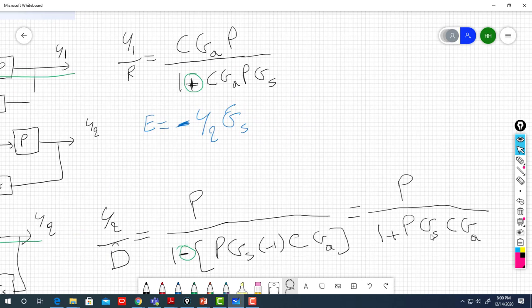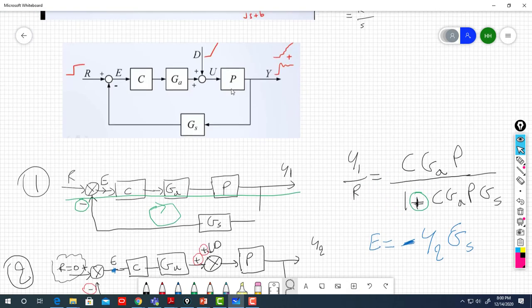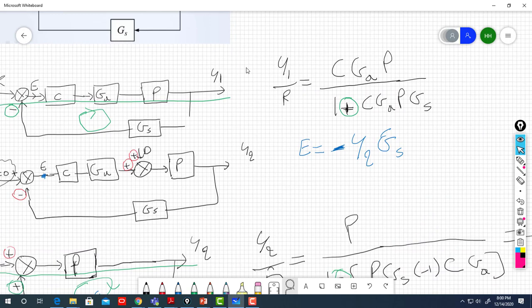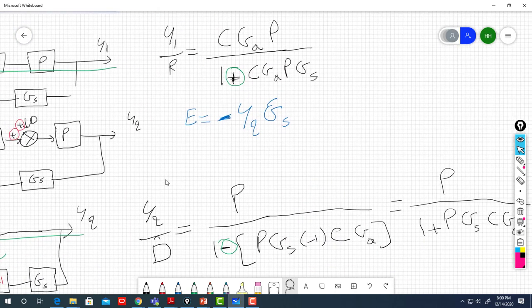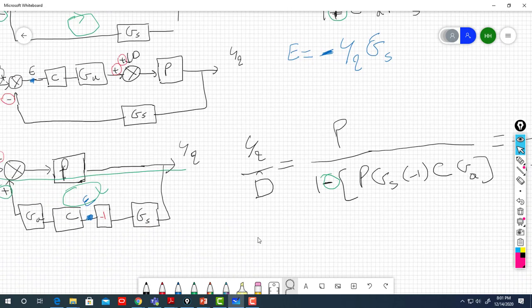It is Gp over 1 plus GpGsC. If you look at both denominators, if you remember, they are the same. The difference is that the transfer function from the disturbance, output over disturbance, has only the plant in the numerator, which is here. So they have the same common denominator, 1 plus the open loop. Alright, this is a good refreshment.